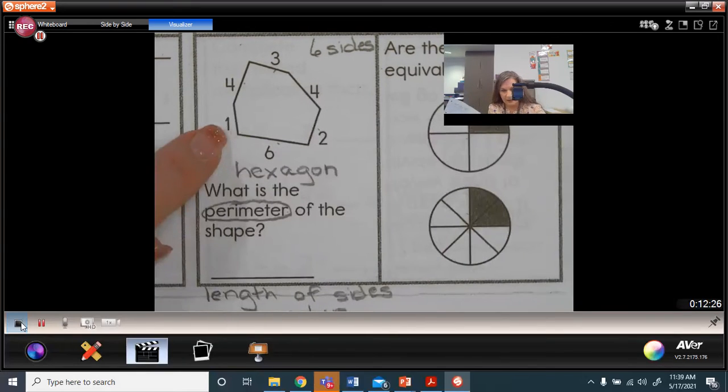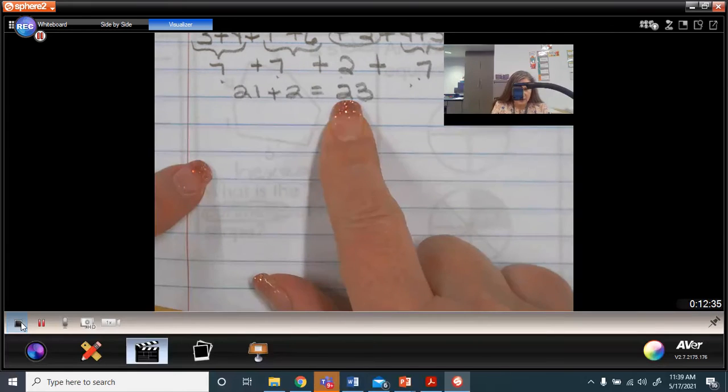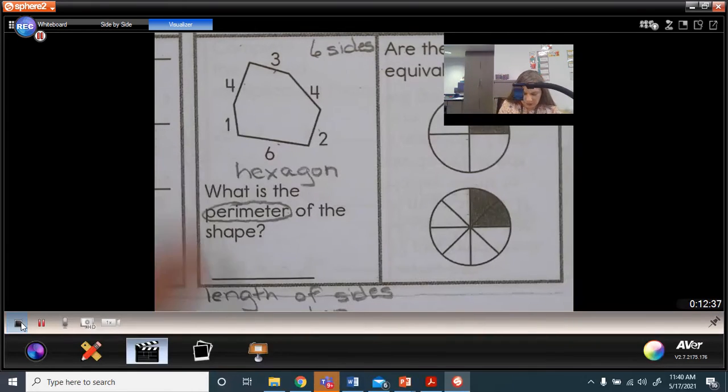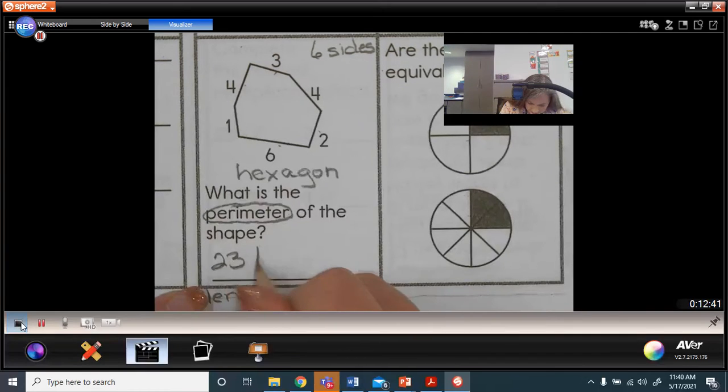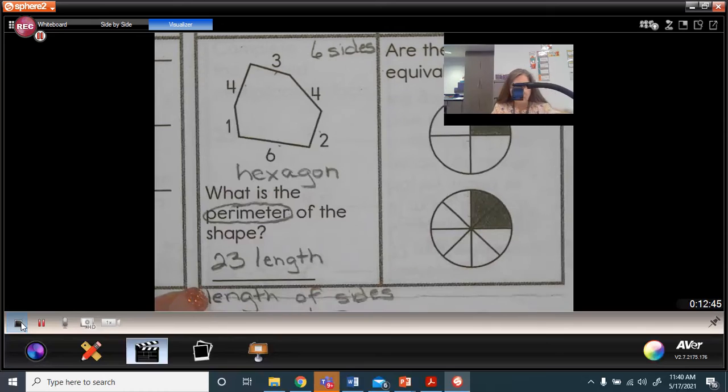So it doesn't tell me the units that I'm using to measure, but it does tell me that I do have a length of putting these sides together as 23. So I'm just going to put 23, and then I'm going to put length next to it. Now, that length could be inches, it could be yards, it could be miles. It just depends on what unit of measurement we're using, okay?